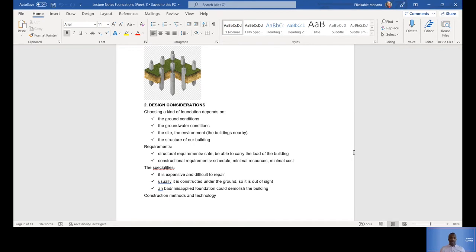And then there are specialities. Is it expensive or difficult to repair? Is it constructed underground? Just what's happening on site, you might need specialists to come and deal with the site conditions.